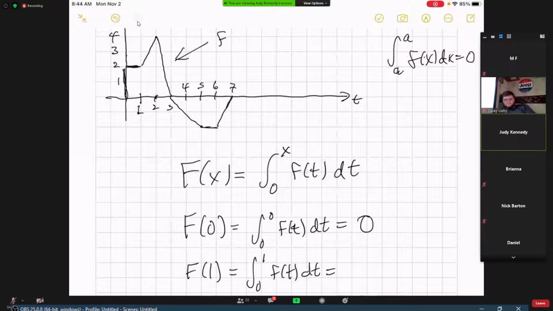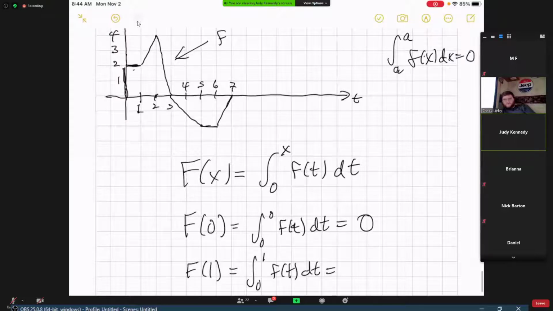No. Because, okay, F of 1 represents an area of a rectangle. Right? It would be the area of that rectangle. So what is it now? Would it be 2? 2 in my picture.